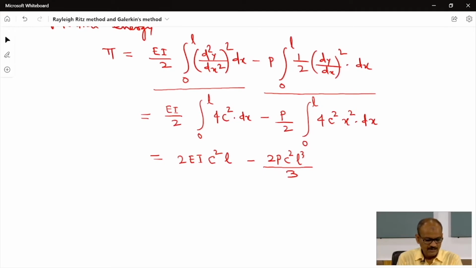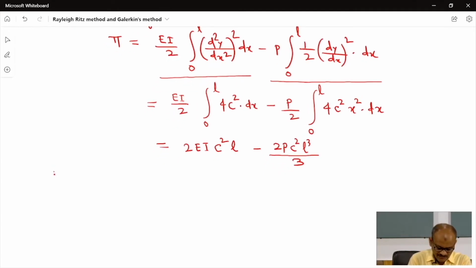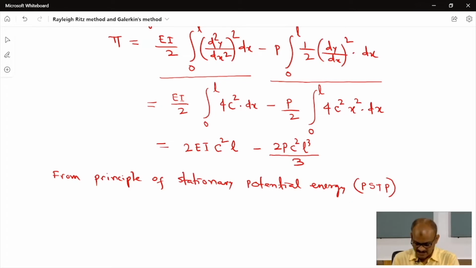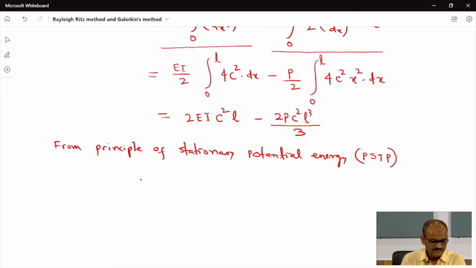It is all right. Now, from the principle of stationary potential energy, PSTP, the principle of stationary total potential energy, the first variation of the total potential energy is equal to 0.